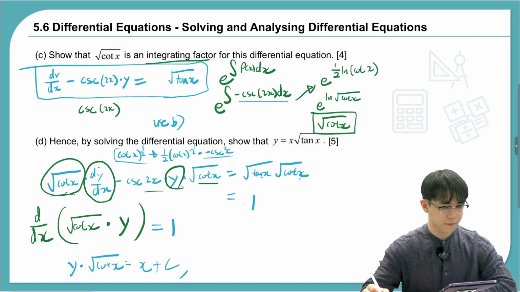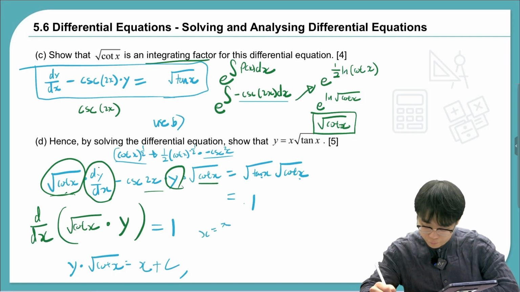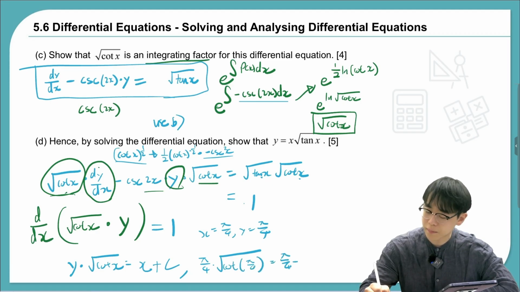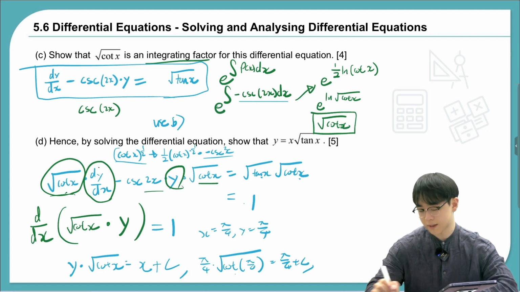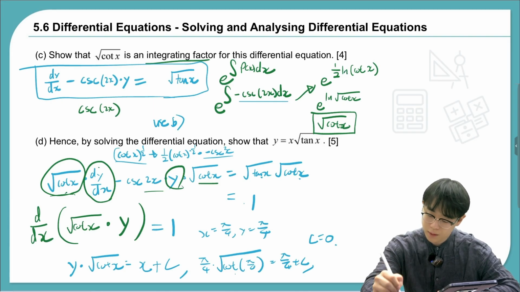And if you want to find c, we could put in x equals pi over 4, y equals pi over 4. So pi over 4 times square root of cotangent pi over 4 equals pi over 4 plus c. Cotangent pi over 4 is just going to be 1, so c would equal 0.